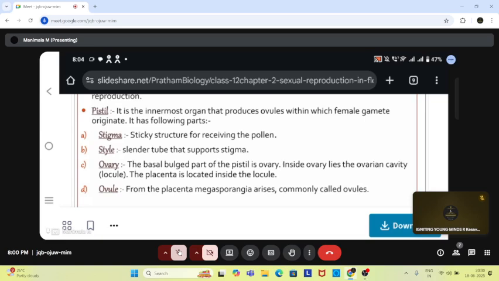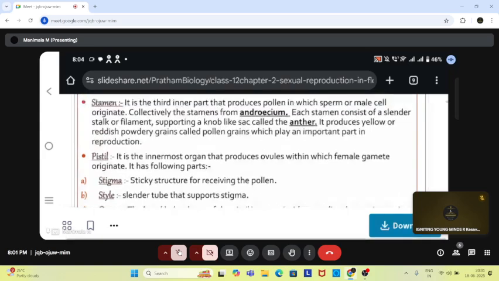Male reproductive part, androecium; the anther always produces the male gamete, which is called pollen grains. And in the female reproductive part, inside the ovary, we will get ovules.